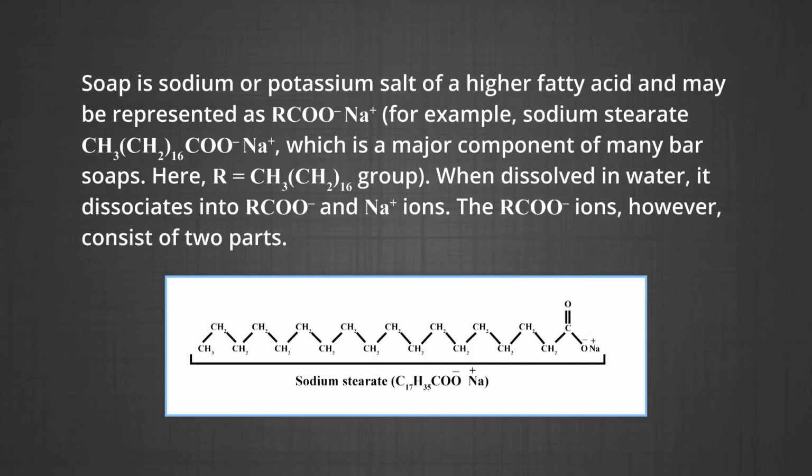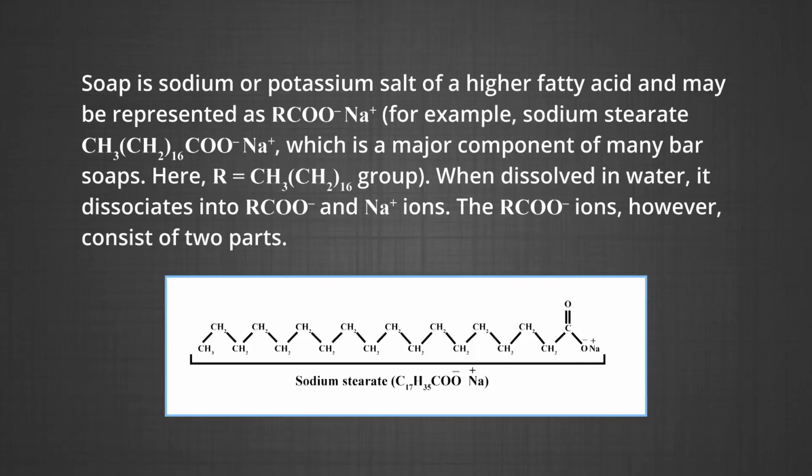Soap is sodium or potassium salt of higher fatty acid and may be represented as RCOO minus Na plus. For example, sodium stearate, which has the formula CH3(CH2)16COO minus Na plus, is a major component of many bar soaps. Here R is equal to the CH3(CH2)16 group. When dissolved in water, it dissociates into RCOO minus and Na plus ions.